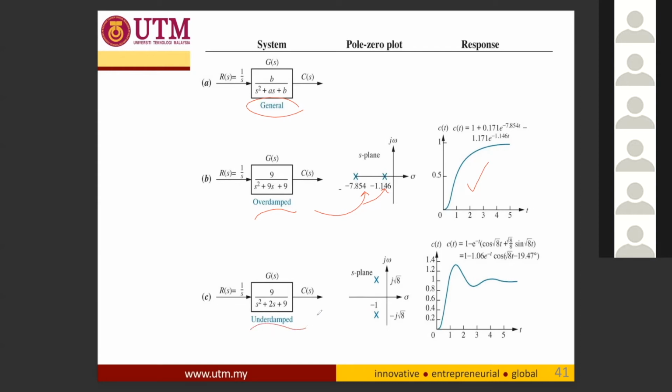Second one is underdamped. Okay, so underdamped you will get minus 1 plus minus j2.83. This one is known as complex conjugate poles. Complex conjugate poles. This one is negative real poles. Clear?